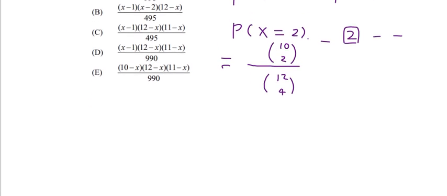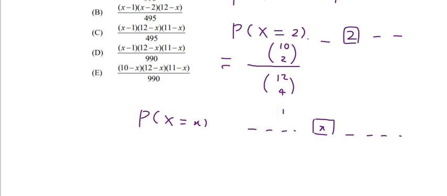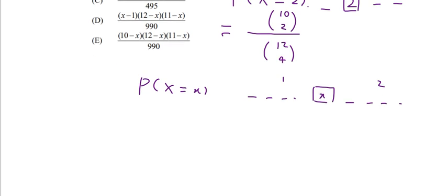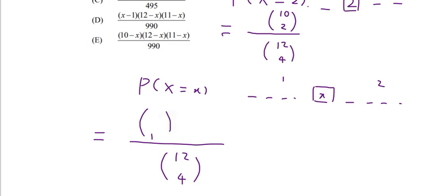If x equals k, we should pick 1 from the part below x and pick 2 from the part above. From the 4 randomly picked, how many numbers can we pick 1 from?